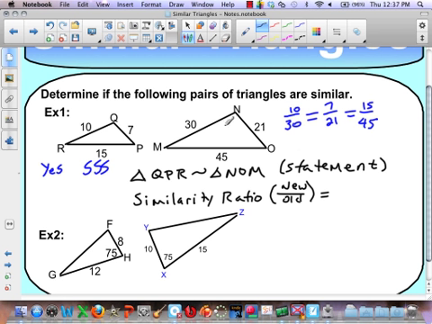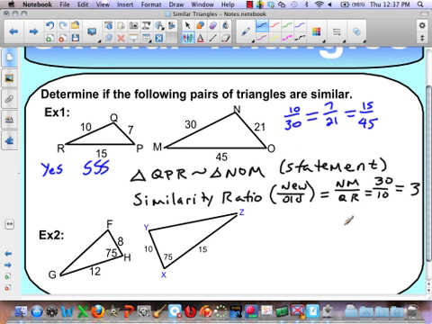If we're reading left to right, which one's the new? The NOM. So basically, you're going to take one of the sides of NOM. So let's take NM over what? Now, what does NM correspond to? QR. Okay, what's the length of NM? 30 over 10, and we get 3.